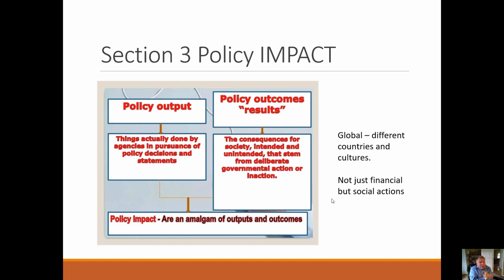This is not a pure mathematical exercise. The impact is really the output of what the agency or body is doing, and then there are the results. So we do want to distinguish them as we move forward.